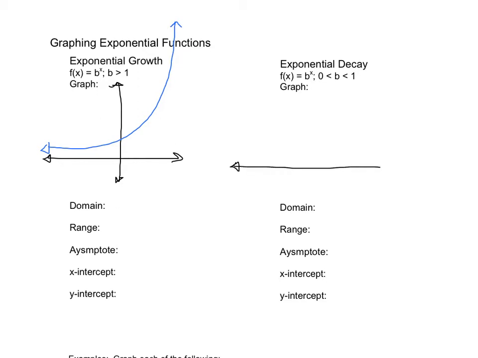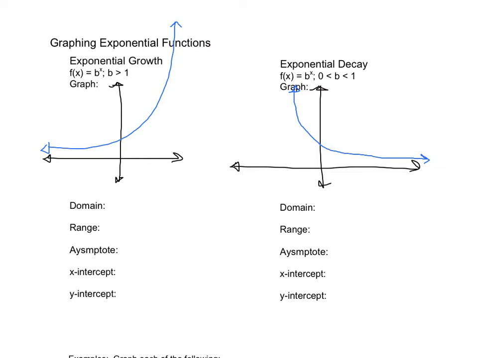When we looked at exponential decay, we talked about how we start with large values and decrease down towards our low values. Noticing on both, we have that horizontal asymptote, meaning we approach the x-axis, but we never actually touch it.